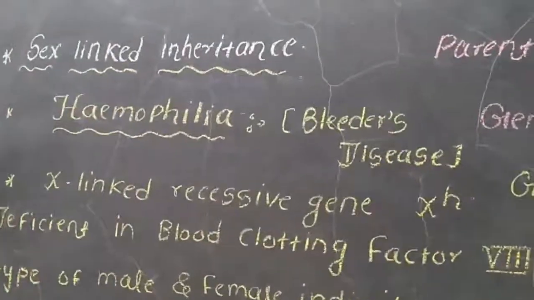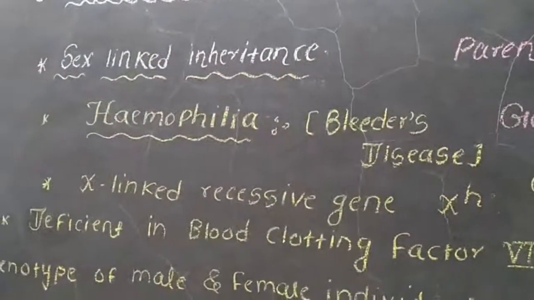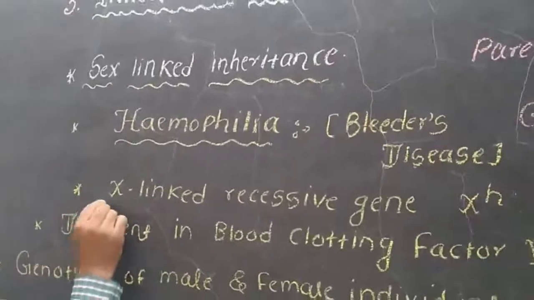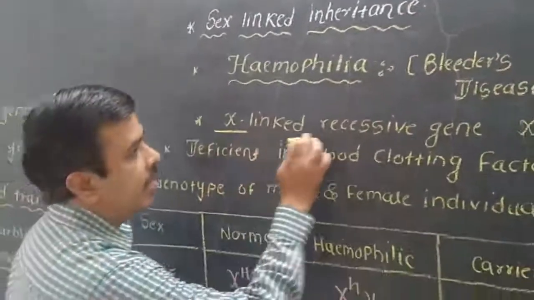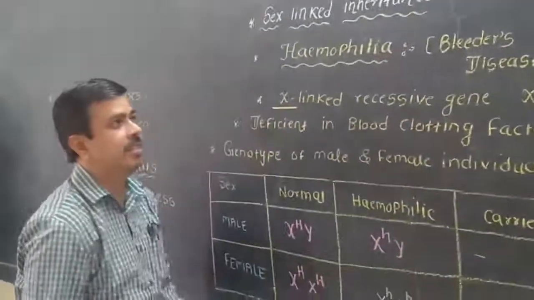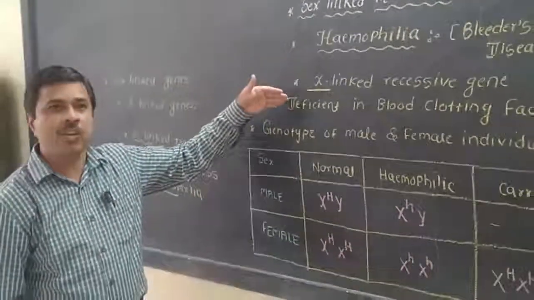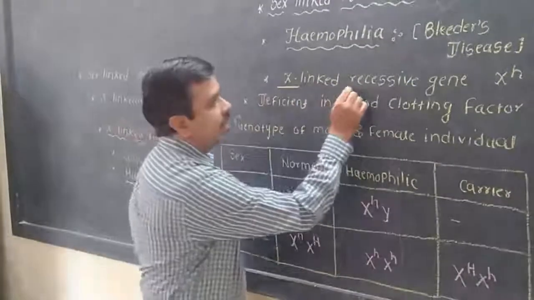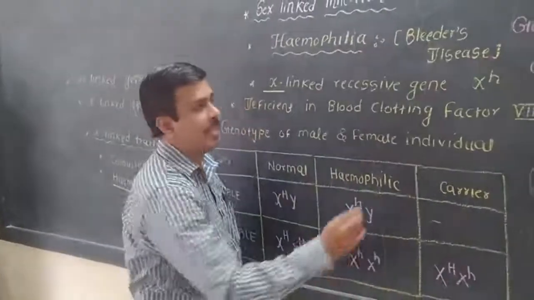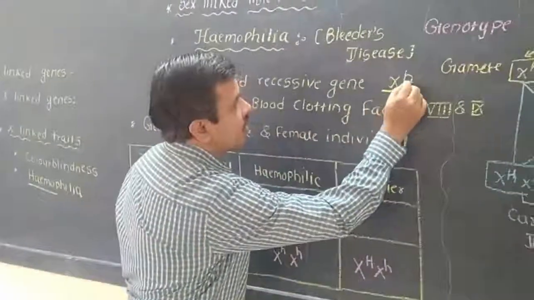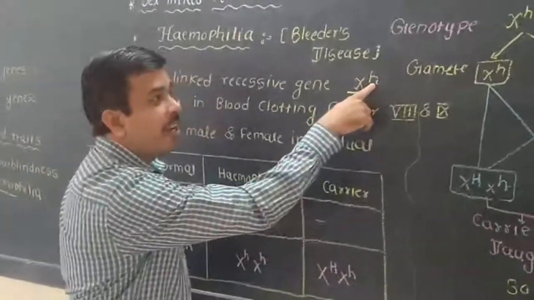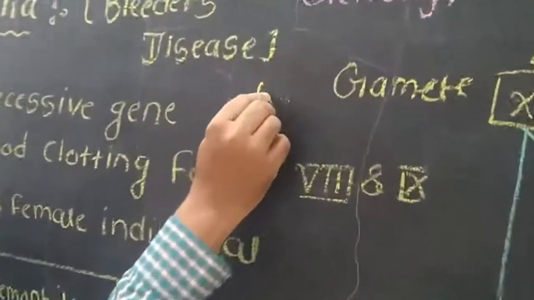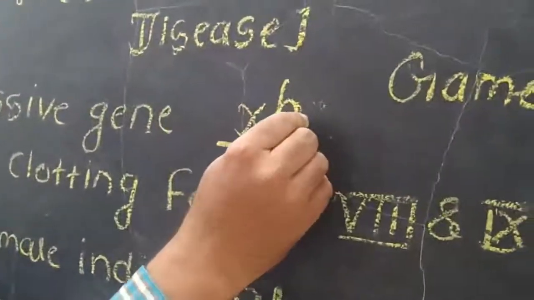This hemophilia is caused due to X-linked recessive genes, and it is an X-linked disorder. The gene is represented by X^h, where the small h represents recessiveness.